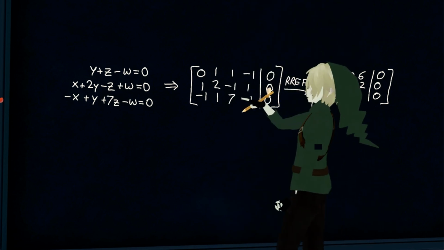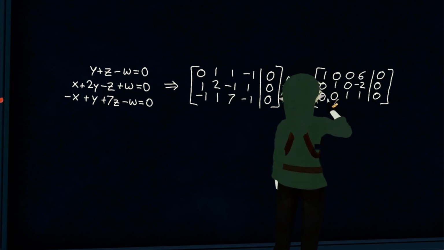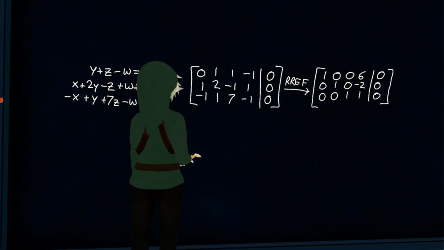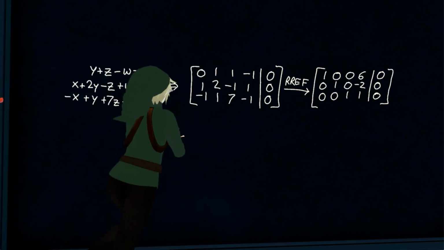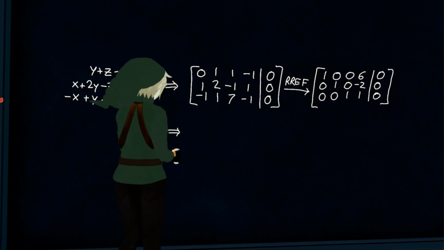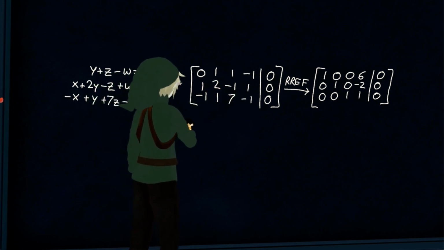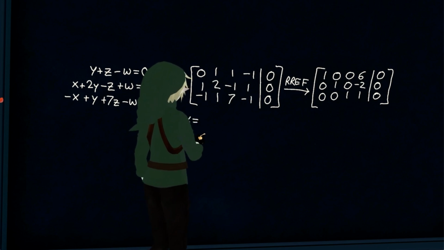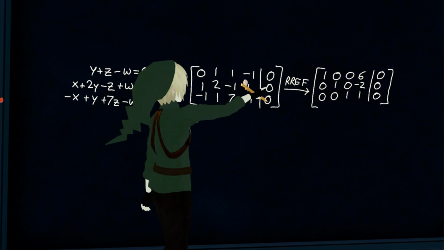So again, we're going to write this back in systems of equations. If I can stop moving. So I'm going to write this back in terms of systems of equations. We have x. I'm just going to quickly write it. So we have 6w.